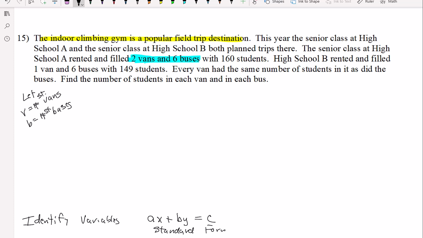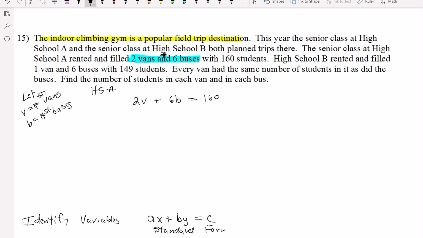All right. So on this first field trip, so this is High School A, 2 vans, and means the plus sign between 2 numbers. I don't want to have that too far apart. And the number of students together is 160 students.